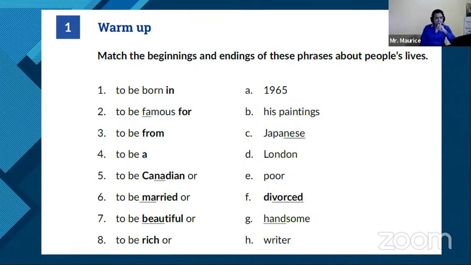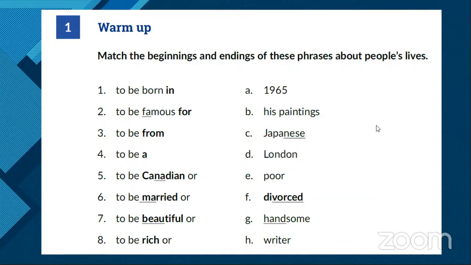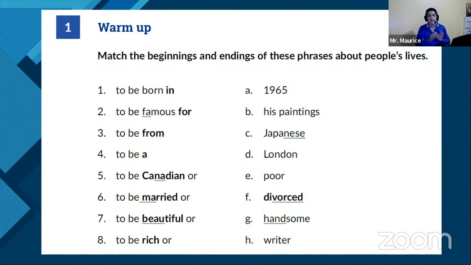Okay, number 2. To be famous for his painting. Okay, thank you. But remember, the year is 1965, not 63. Okay, thank you. I appreciate it. Okay, Damaris Castro Ponce, please, number 3 and 4.